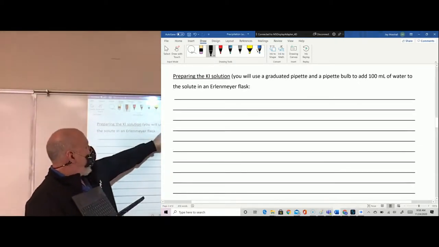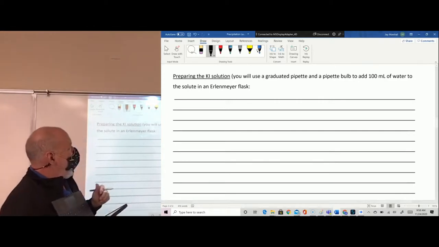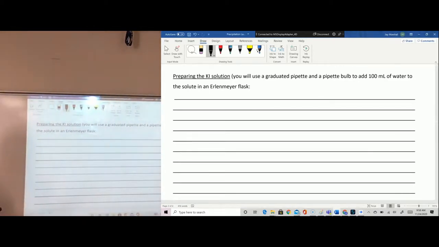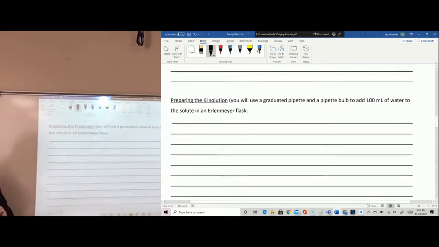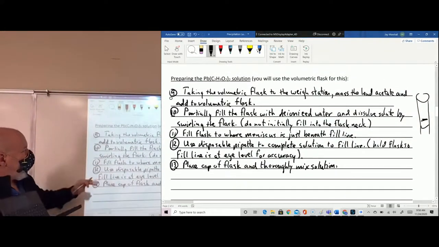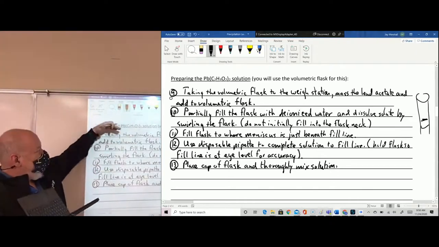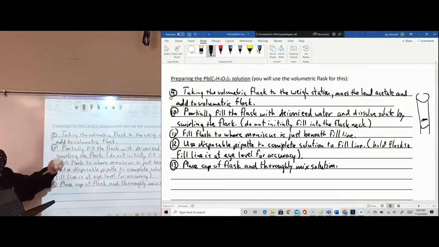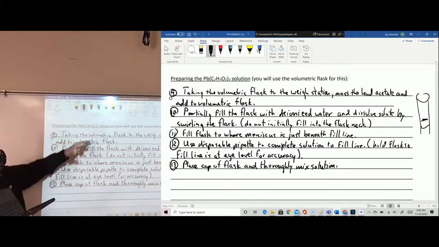Preparing the potassium iodide solution, you'll use a graduated pipette and a pipette bulb to add 100 milliliters of water to the solute in an Erlenmeyer flask. And we can kind of use what we've written before. Instead of sitting there and thinking about it, we can repeat the same thing.